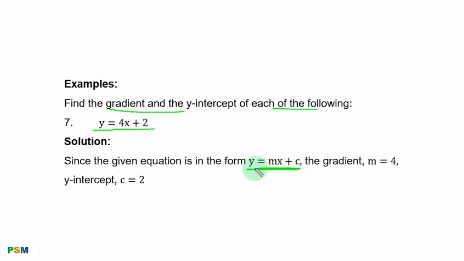The given equation is already in the required form. Hence, the gradient m is equal to 4, the coefficient of x. Then the y-intercept c is equal to 2, the constant.